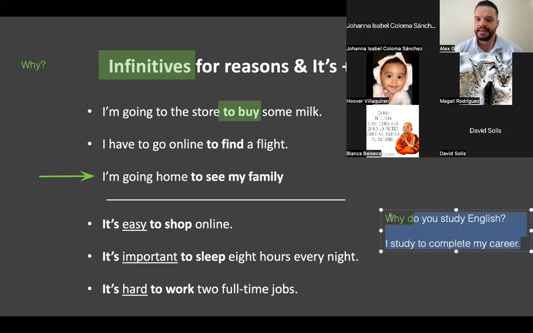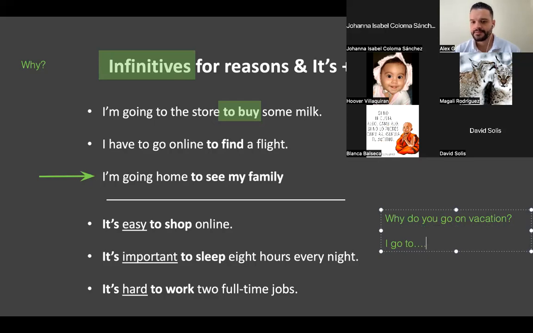What happens if I ask Blanca, Blanca, why do you go on vacation? Why do you go on vacation, Blanca? I go to Cuenca. It has to be an action, a verb. A verb? I go to relax, have fun, rest.